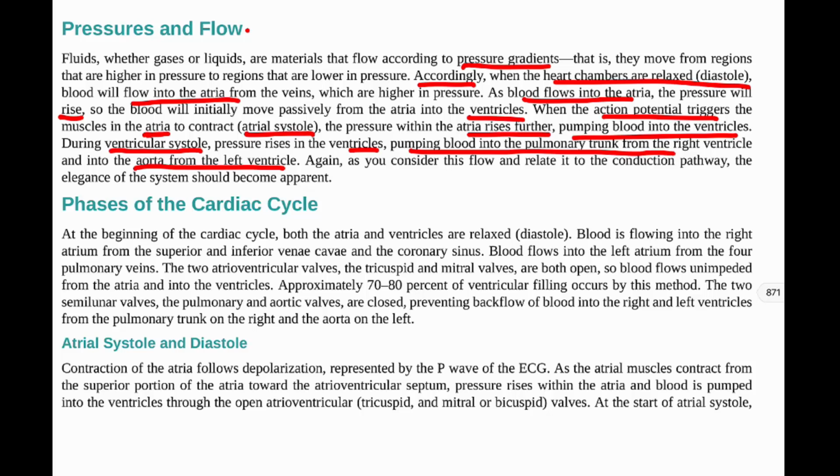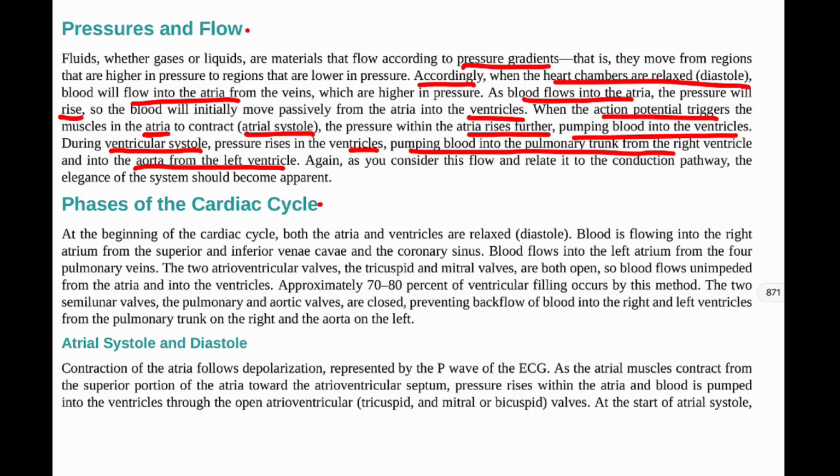So basically, we go from the inferior and superior vena cava, which have a high pressure, drain into the atria, which at that point has a lower pressure, and then when it starts to fill up, has a high pressure. So then the blood is going to be flowing down into the ventricles. The ventricles fill up, high pressure, they contract, and then the blood is going to be pumped out through the aorta or the pulmonary trunk, and then that will have higher pressure, and then we go through this cycle over and over and over again.